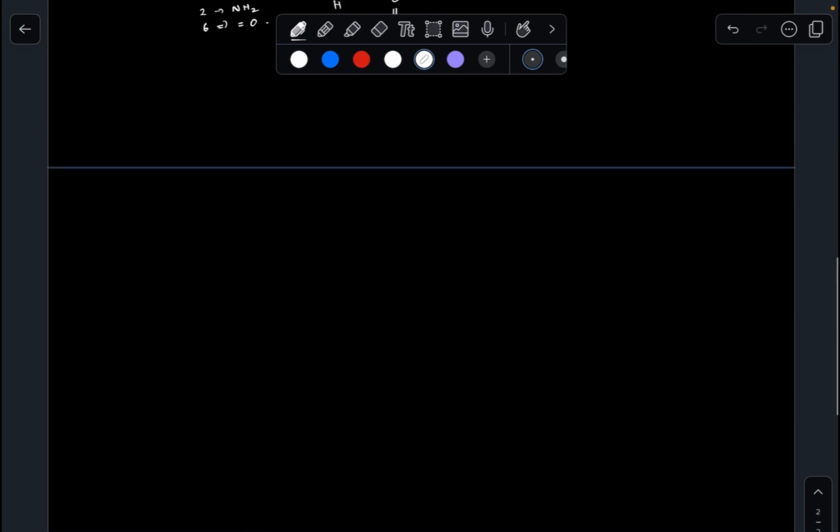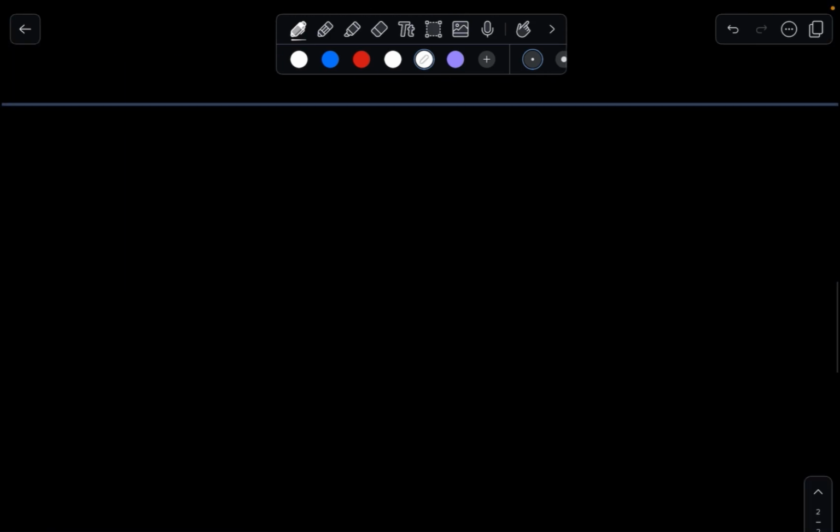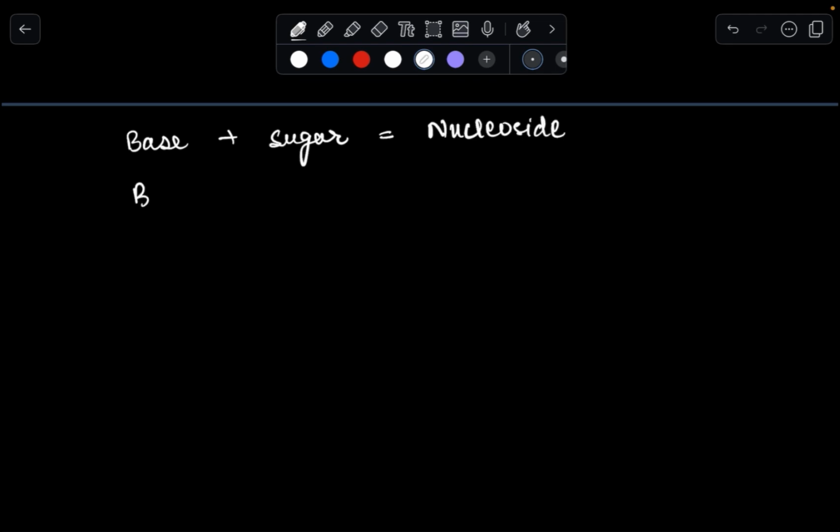And let's briefly discuss nucleotides and nucleosides. What's the difference between a nucleotide and a nucleoside? A nitrogenous base plus sugar is a nucleoside, while base plus sugar plus phosphate group is a nucleotide.